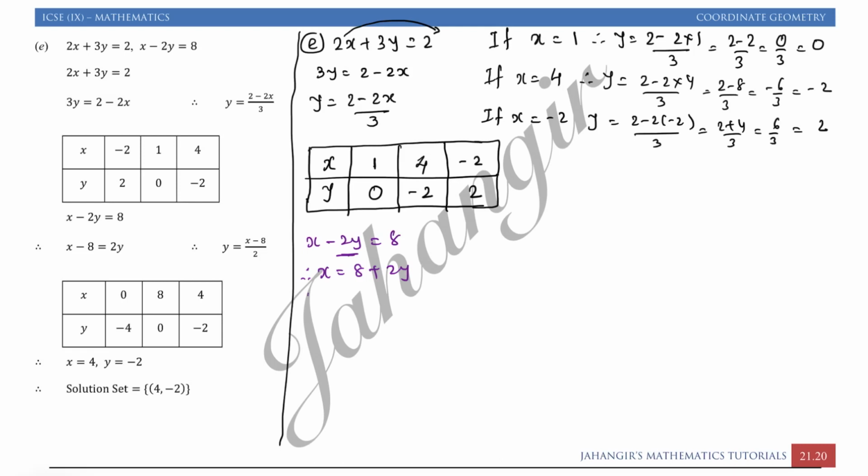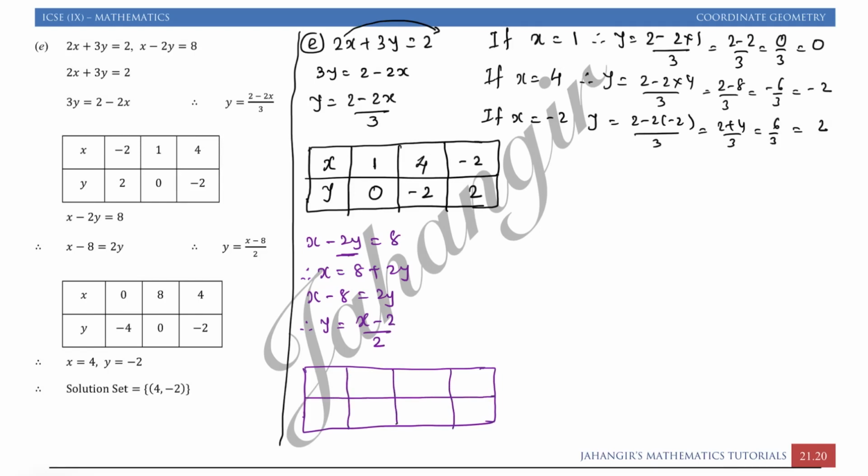You can shift the 8 to the left, x minus 8 is equal to 2y. So therefore y is equal to x minus 8 upon 2. So let us take any values.